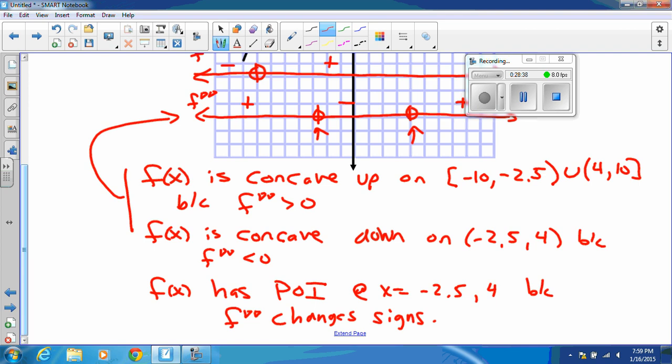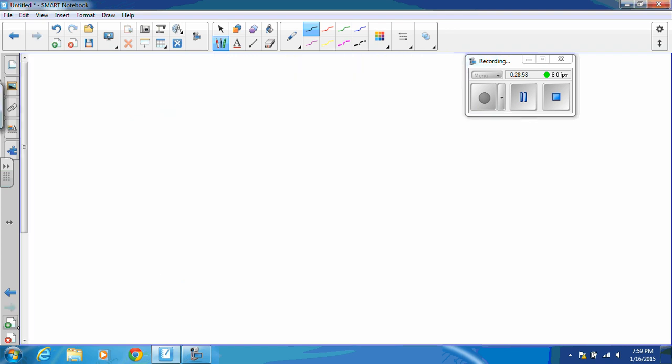And every year I have some poor schmo that wants to tell me because f double prime is equal to 0, and this is wrong. Points of inflection are not places where f double prime equals 0, but places where f double prime changes signs. Well, that's how you read graphs.